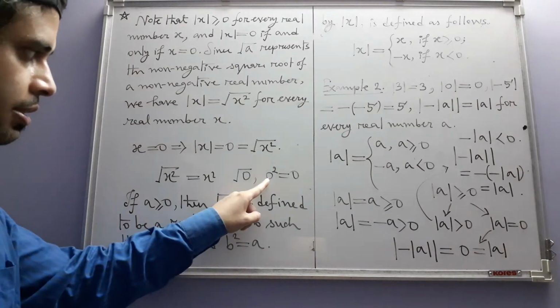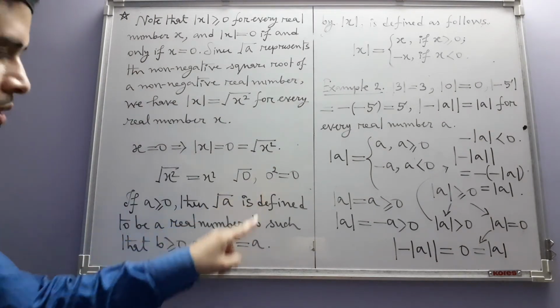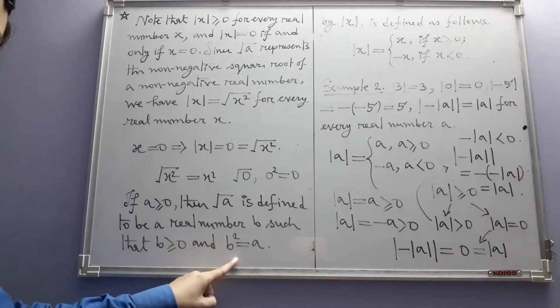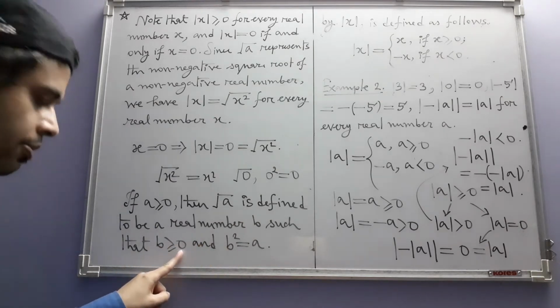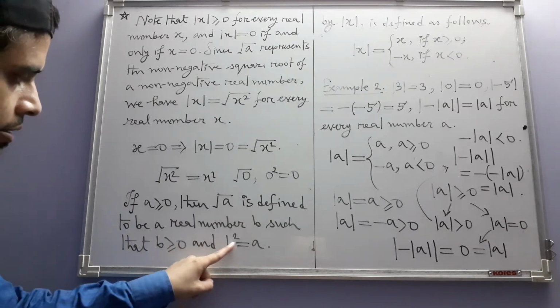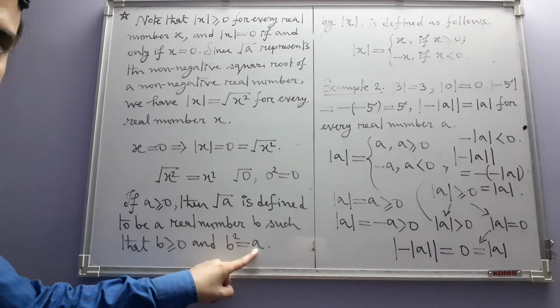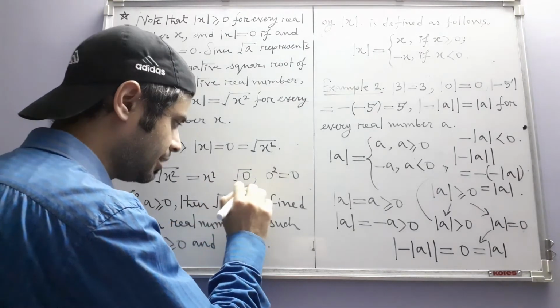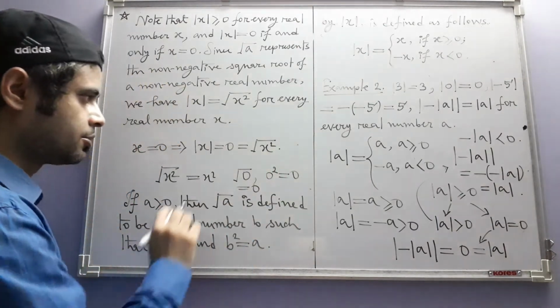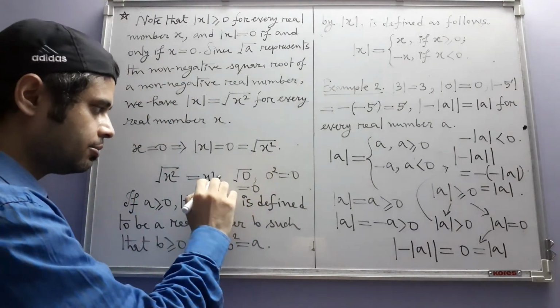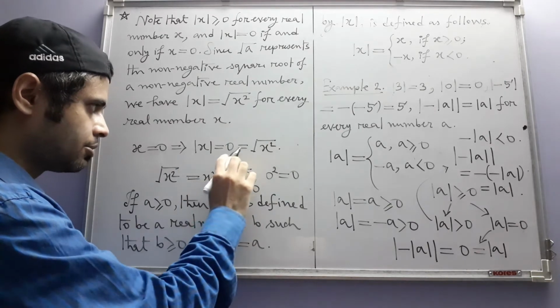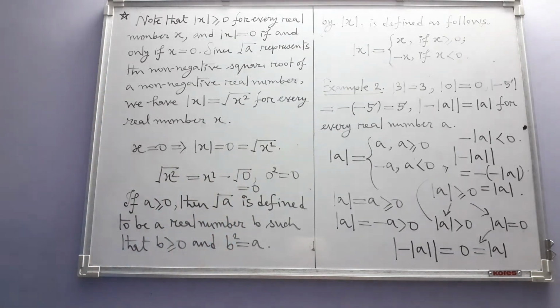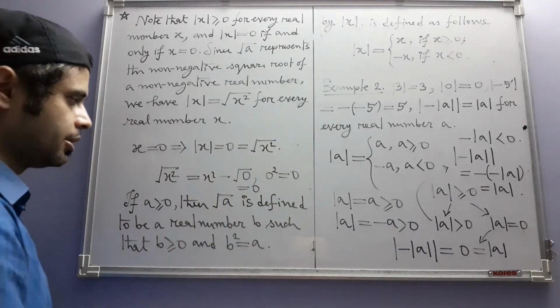So if we choose this value of b equal to 0, b satisfies both these conditions. 0 is greater than or equal to 0 and 0 square is equal to 0. So square root of 0 is by definition 0. So that's why when x is 0, this is also equal to 0. That's how we are getting this. Okay.